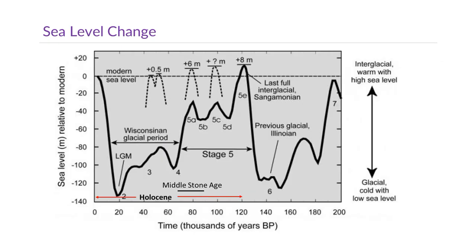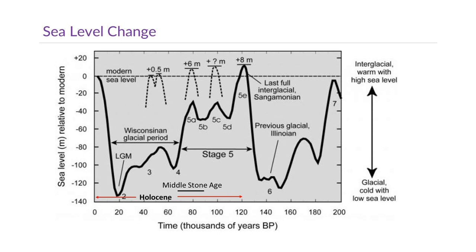So this is what happened to sea level the last 200,000 years. So this was that glacial period, 140,000 years. It went up to about 8 meters above sea level, up and down, up and down. The Middle Stone Age is about there. So there was a lot of exposed land.